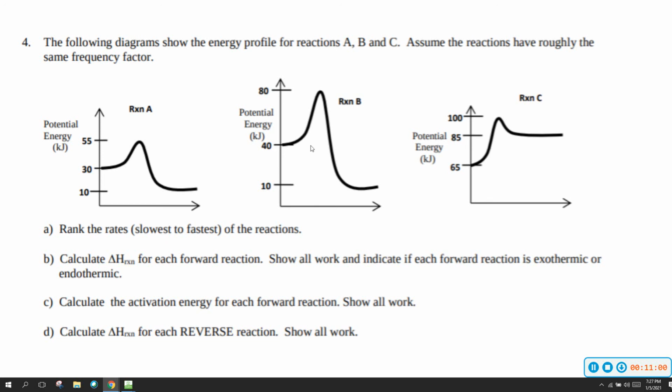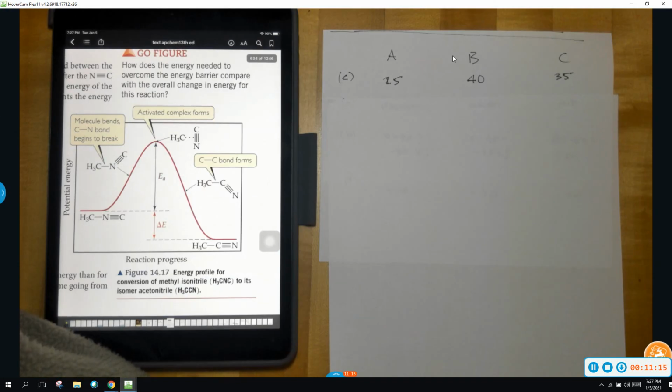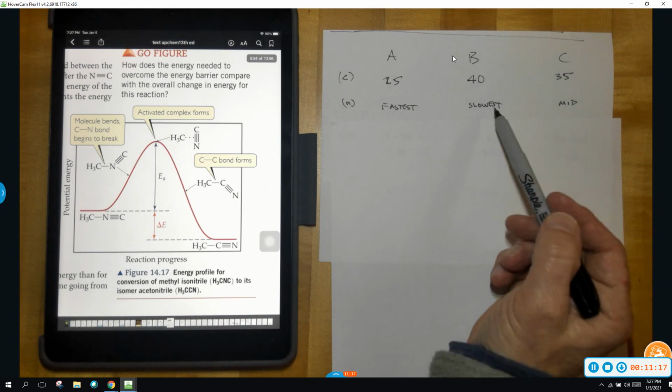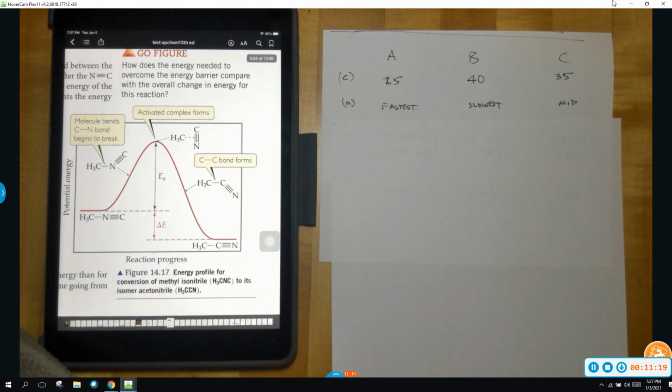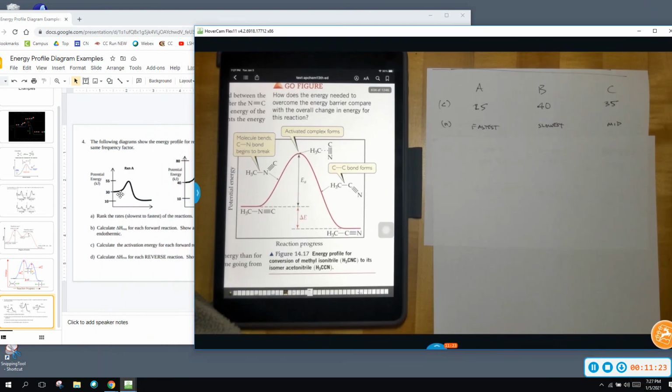And we said B was 40 to 80, so that would have the slowest reaction rate because it would have 40 for activation energy. And if you jump back out here, I think we can have this side by side with this. You can see that B would definitely be the slowest, and then 35 would be the middle amount, and then our fastest would be the one with 25, only right here from 30 to 55.